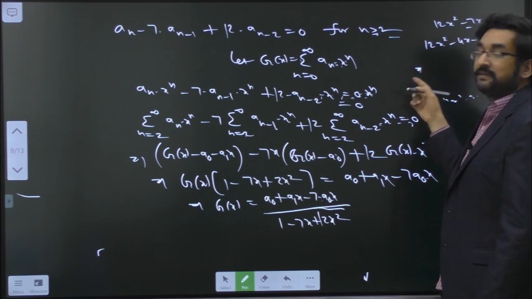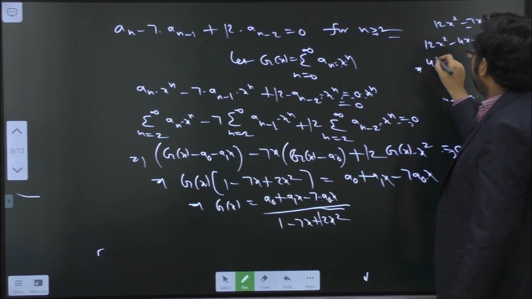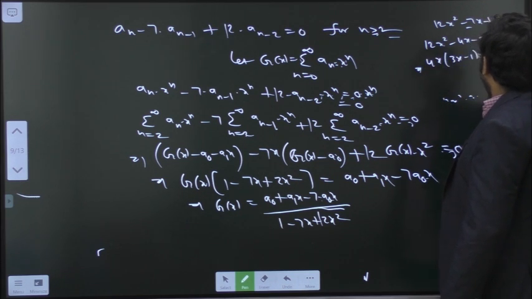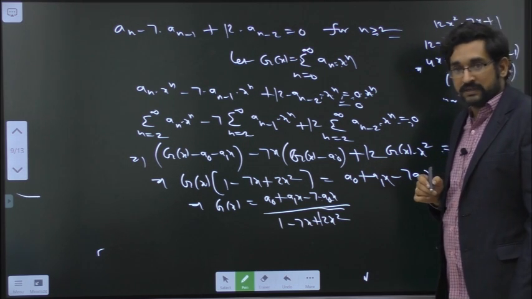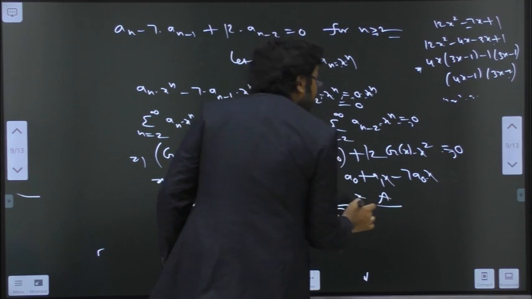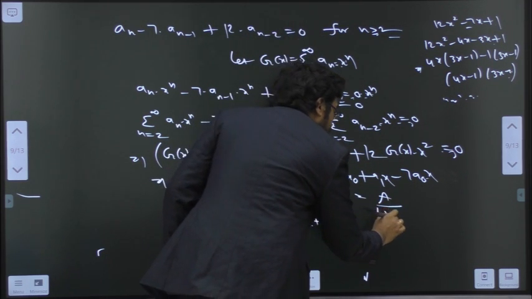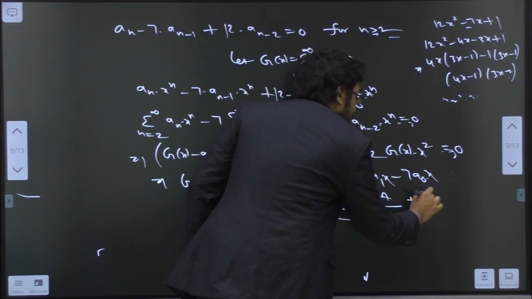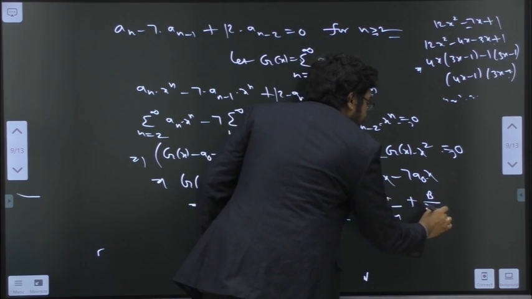From the first two terms take 4x as common, so 4x as common means 3x minus 1. Take minus 1 common, 3x minus 1. So we will get 4x minus 1 into 3x minus 1 as factors. So we can write as a by 4x minus 1 plus b by 3x minus 1.